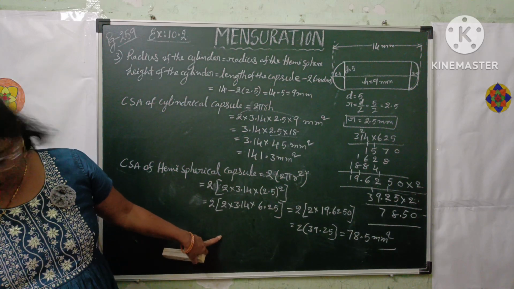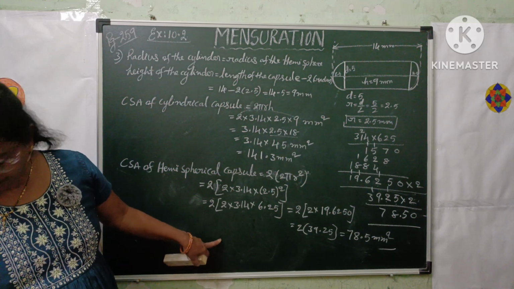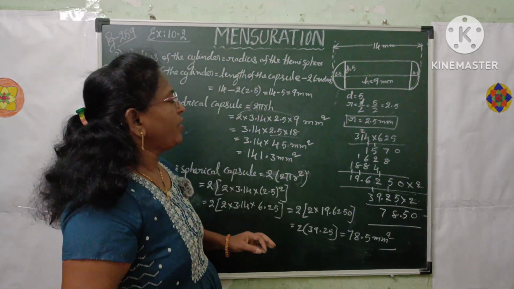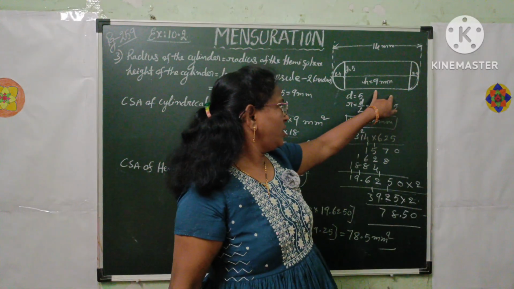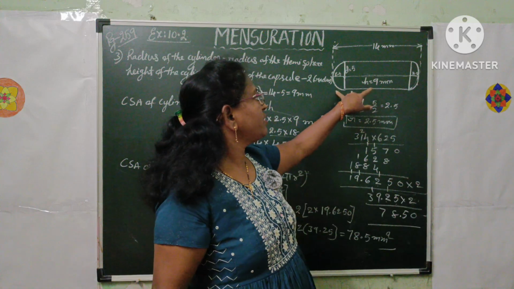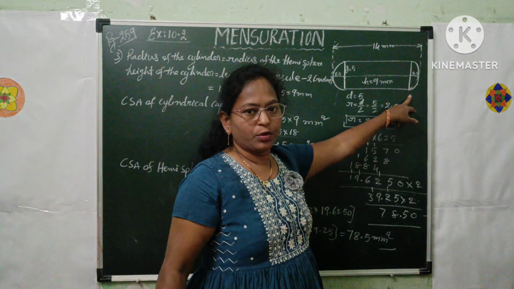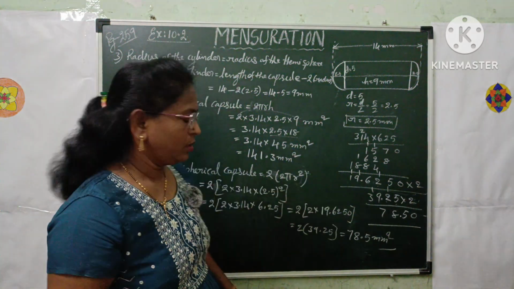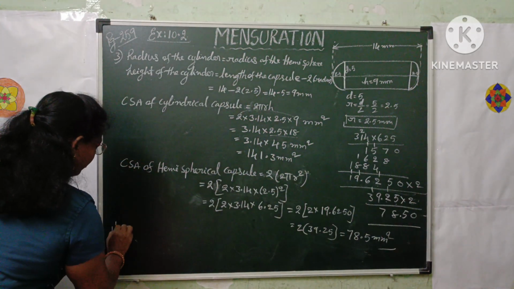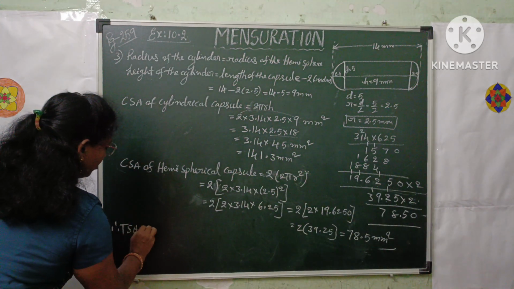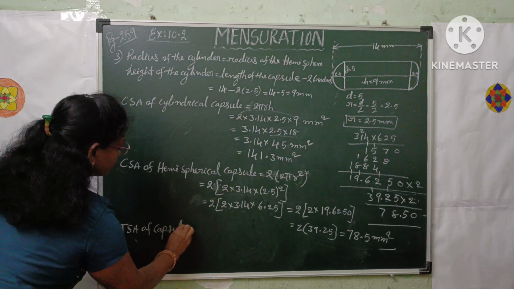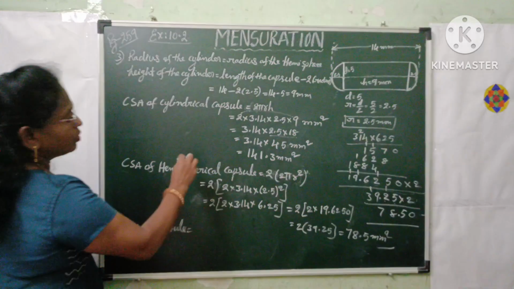Okay, hemispherical 78.5. Okay. Next one. Already we found the surface area of the cylindrical portion and the surface area of the hemispherical portion. We have to find the total surface area of the capsule. So therefore TSA of capsule is equal to, both we need to add.